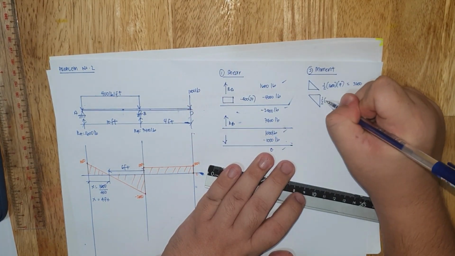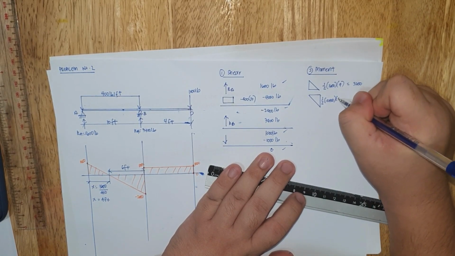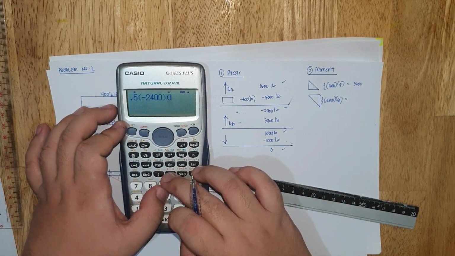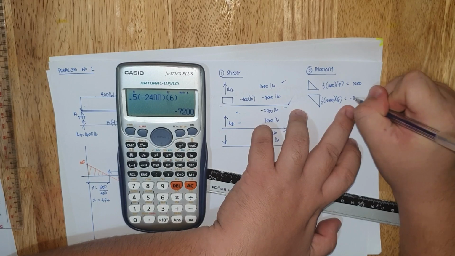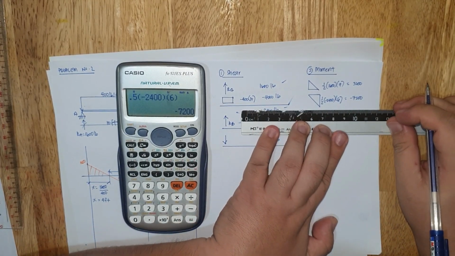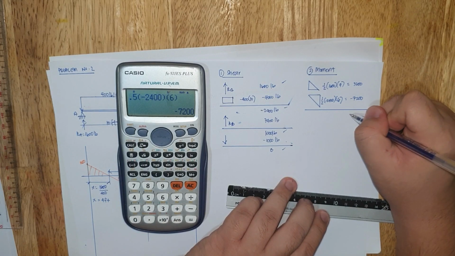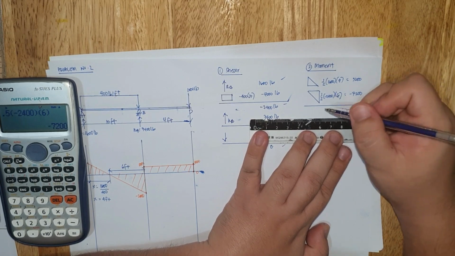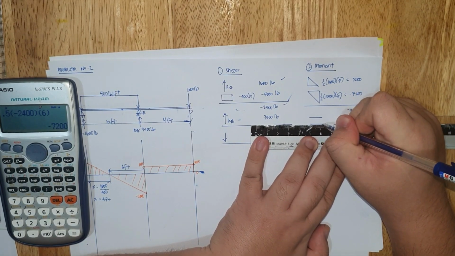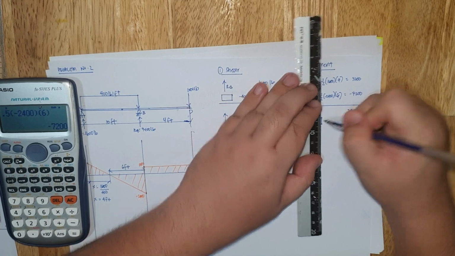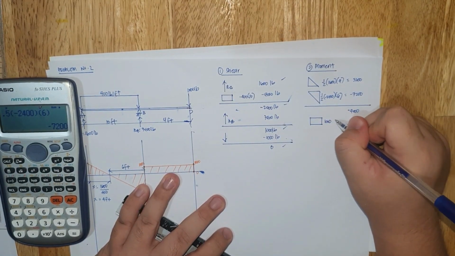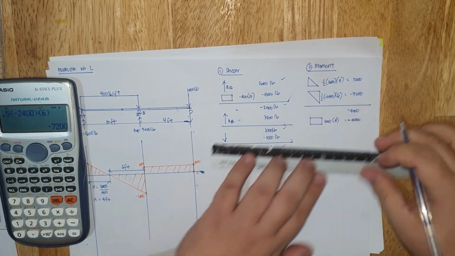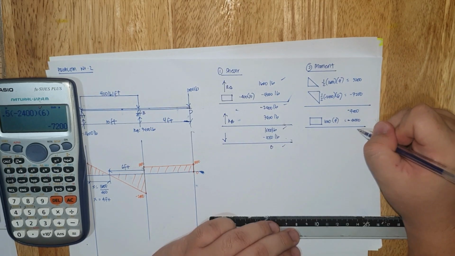So 1/2 times negative 2,400 times 6, so we have negative 7,200. Pag kinuha natin yung sum niya, mariremain is negative 4,000. Then we have rectangular. Okay, we have 1,000 times 4, positive 4,000. Okay, then yung total natin will be 0.